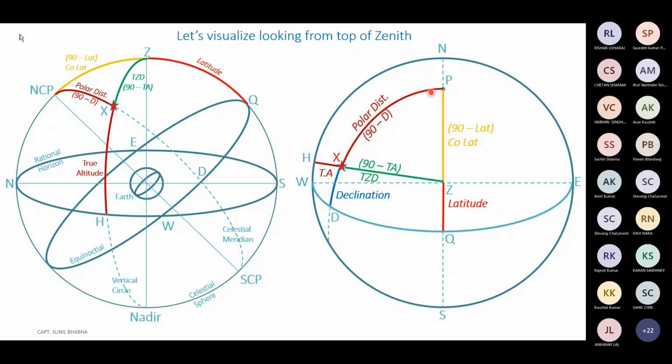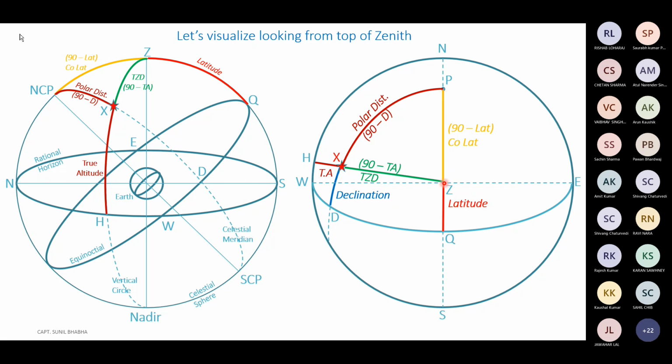Now, the first angle which we are able to easily correlate and find out is angle P in this PZX triangle. If you look carefully, the line PZQS represents the celestial meridian of the observer.